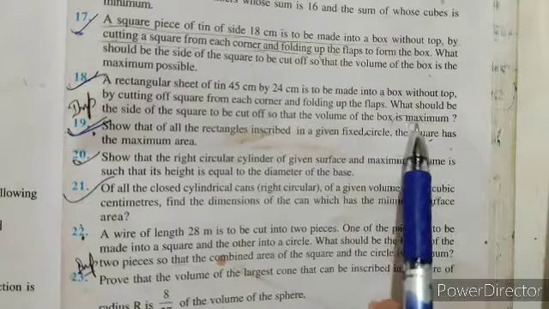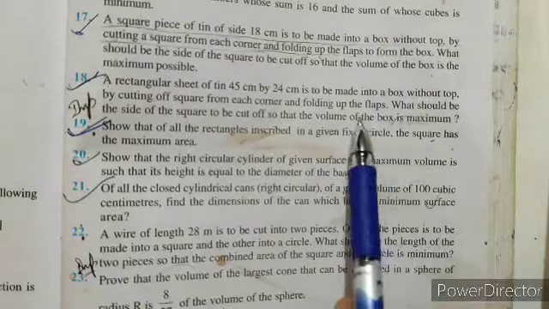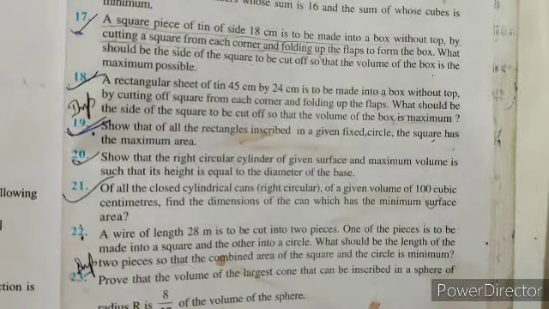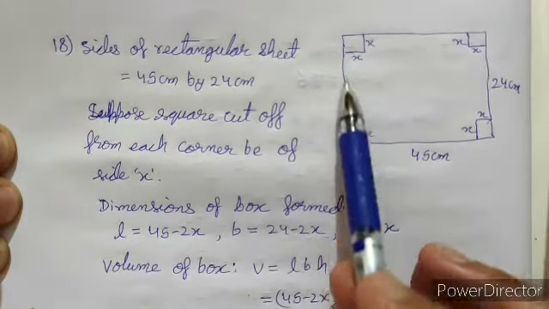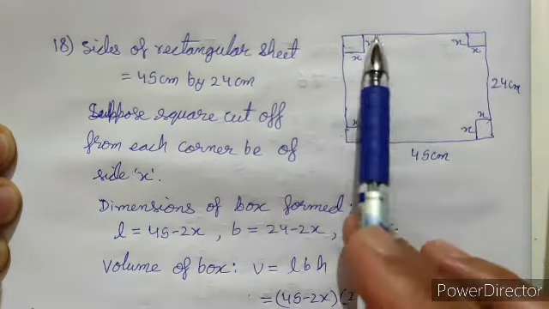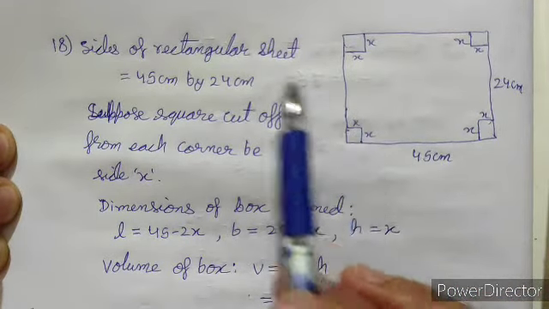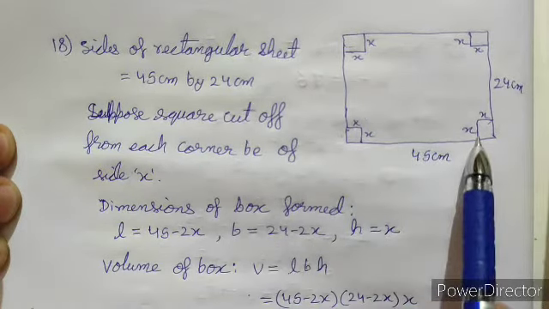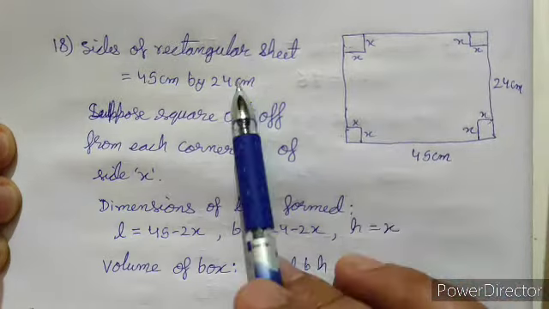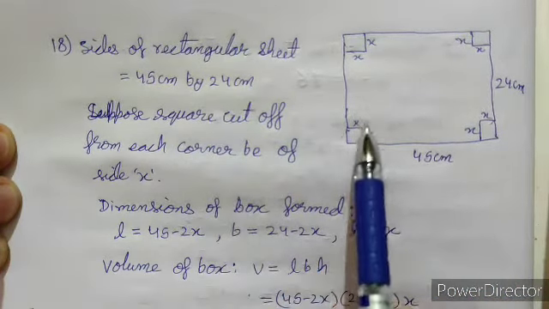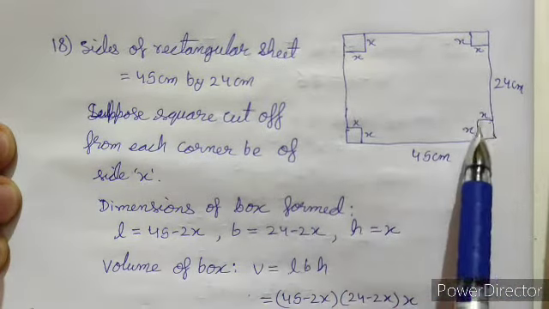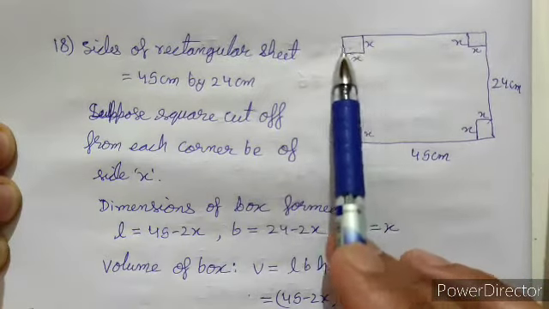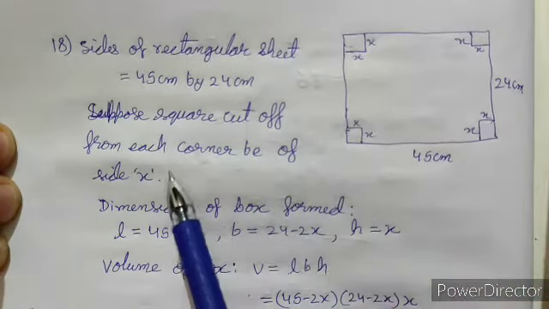Here we have to maximize the volume of the box. Now suppose this is the sheet of tin with the dimension 45 centimeter by 24 centimeter. Now suppose a square piece is cut off from each corner of side x.